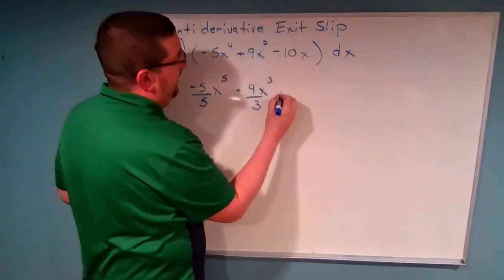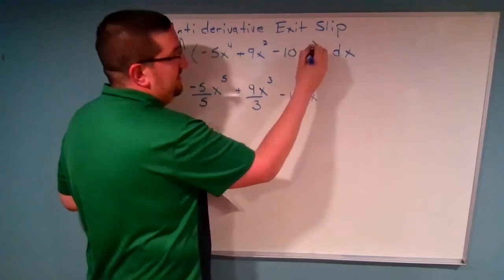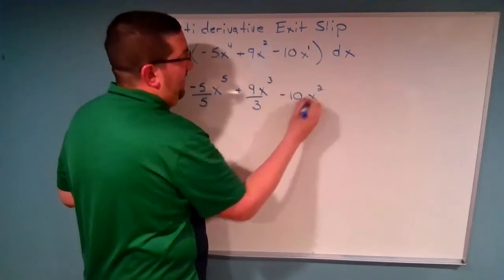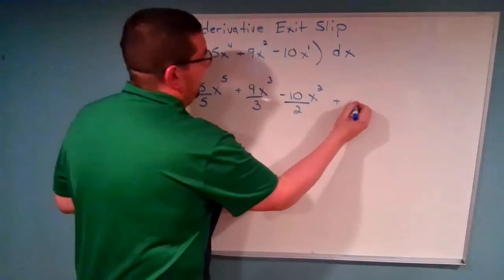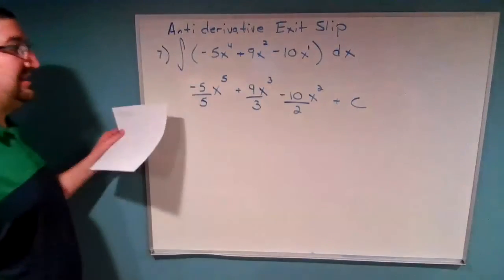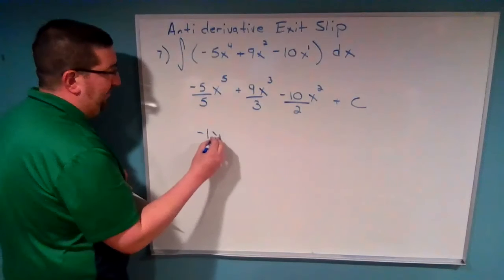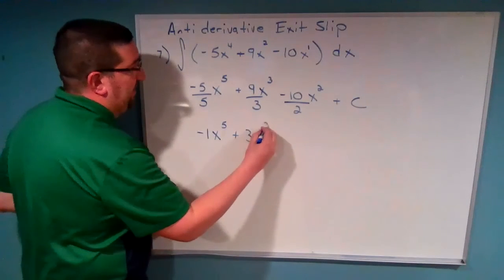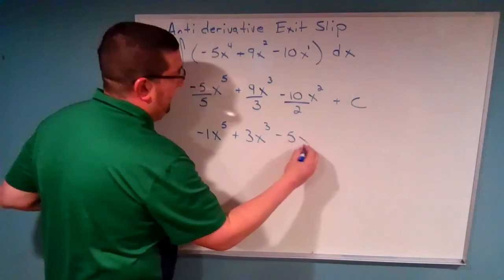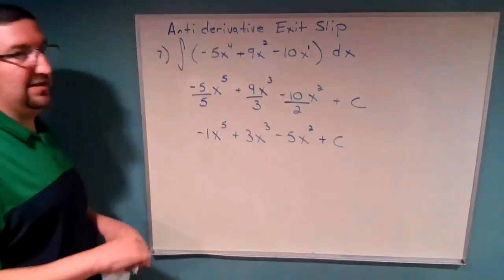This problem, we would be adding 1 to the 1, and then dividing by 2, plus c. Simplify this down, negative 5 over 5, that'd be negative 1x to the fifth, plus 3x to the third, minus 5x squared, plus c.